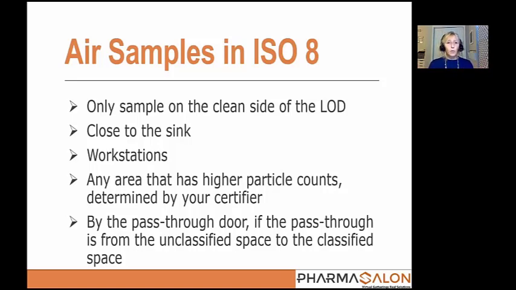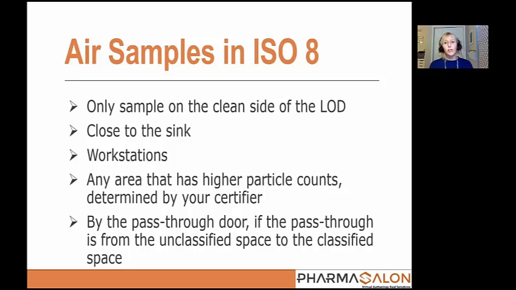Now, also you want to consider any area that's going to have higher particle counts, and your certifier can help determine that for you. If you take a look at the certification reports that come through from them, they'll provide you with the particle counts for the area, right? They have to take so many locations based on the size of your room.